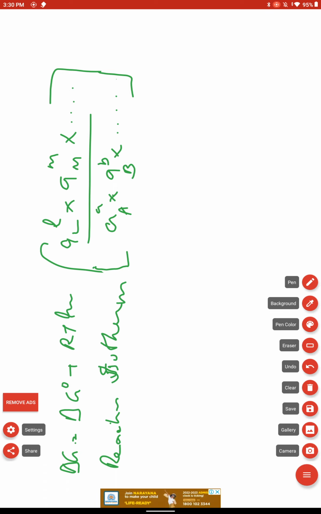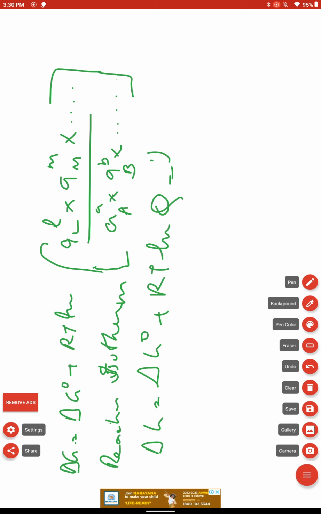Okay, then we can again simplify this into one other equation. That is, we can write delta G is equal to delta G 0 plus RT ln Q. We can write Q in terms of a L to the l, a M to the m divided by a A to the a, a B to the b.